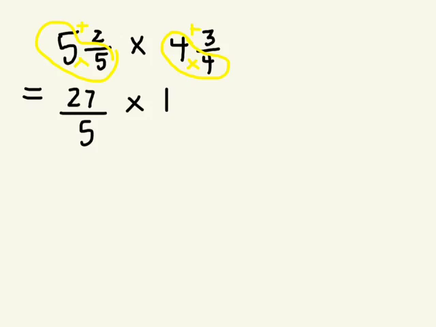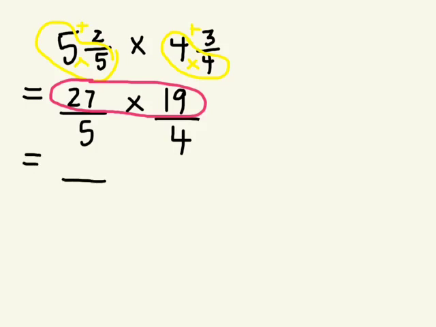Good. 19 over 4. And when you're multiplying fractions, the denominators don't have to be the same because you're multiplying them together. So we can use a calculator for this one. What's 27 multiplied by 19? 513. And we can do the second part, the denominator, in our head. 5 times 4? 20. Good.